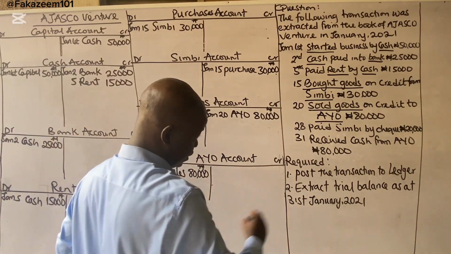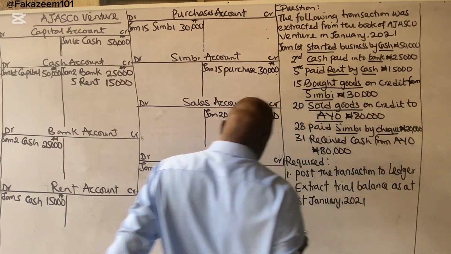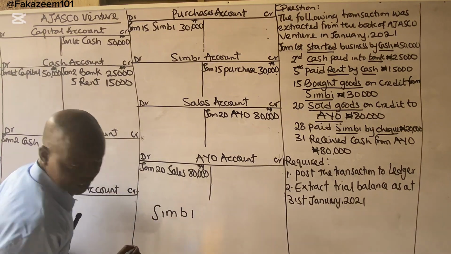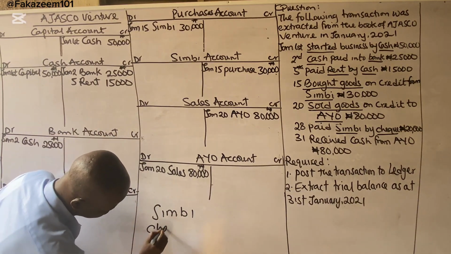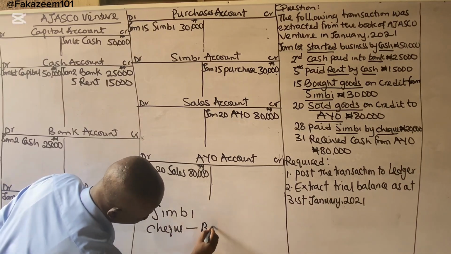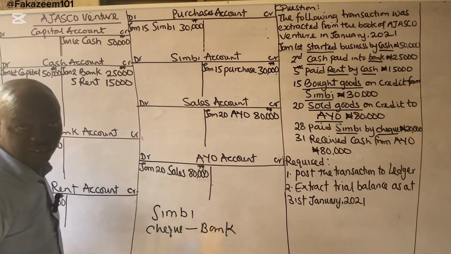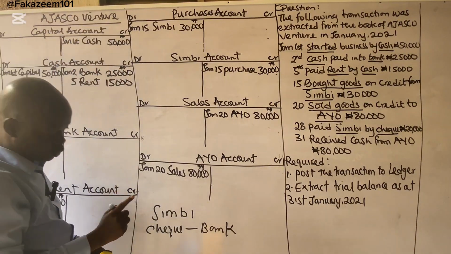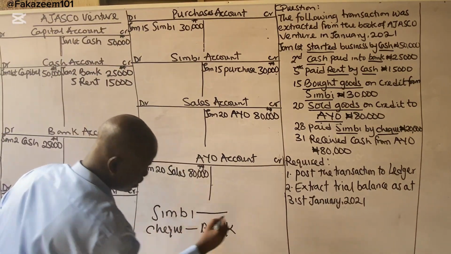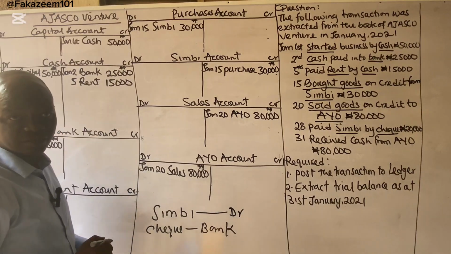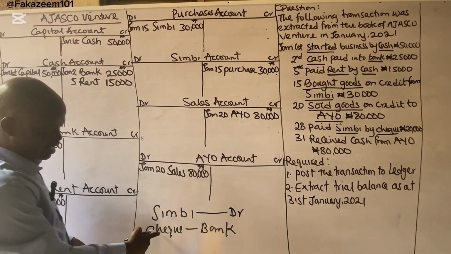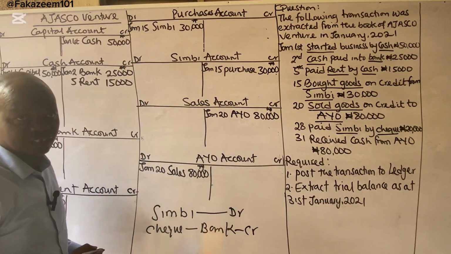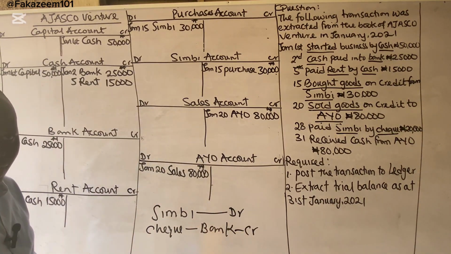Now, paid Simbi by check. Anytime you see the word check, they are referring to bank, meaning paid Simbi through the bank account of Ajasco Venture. Who did they pay to? Simbi. Simbi account will be debited, and the check that is given out will be credited. Are we going to open a ledger?